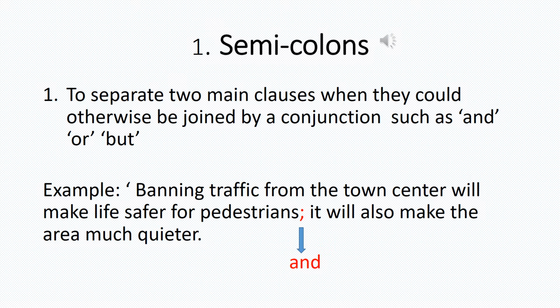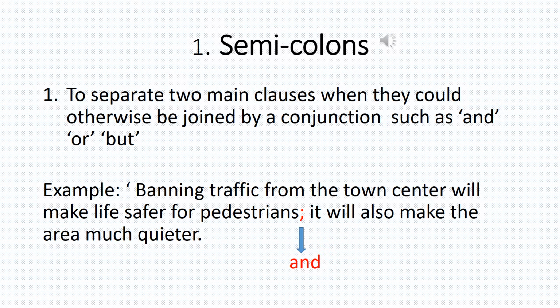First, the first usage of semicolons is to separate two main clauses when they could otherwise be joined by a conjunction such as and, or, but. And, or, and but, these three are coordinating conjunctions.